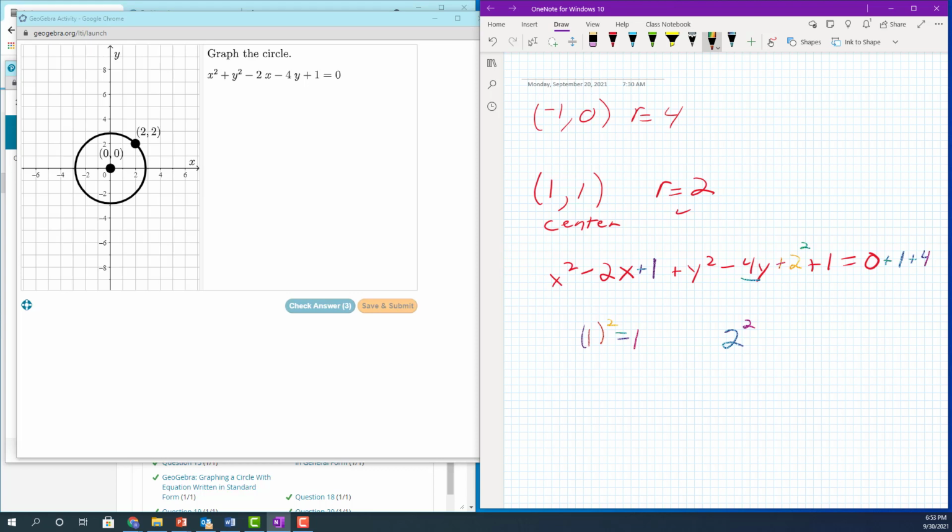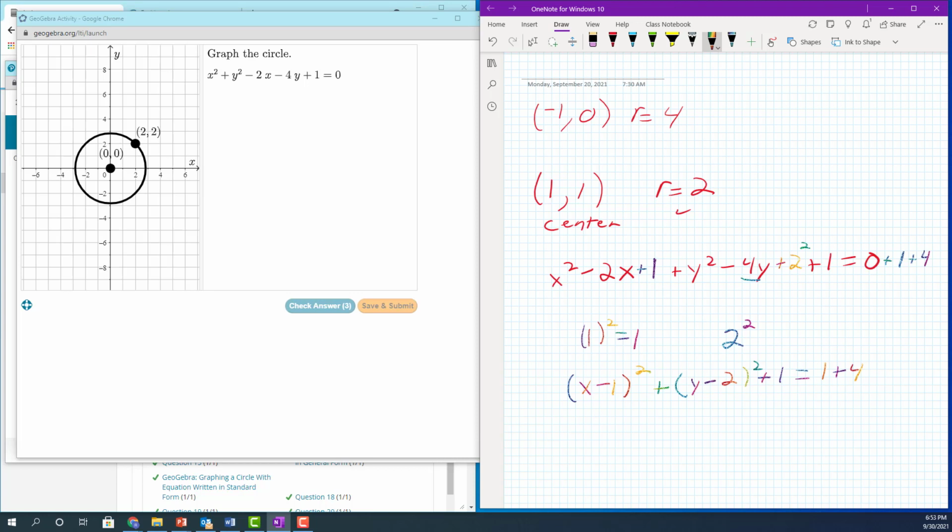All right, awesome. And then once you've done all that, here we have x squared minus 2x plus 1. That can be rewritten as x minus 1, the entire thing squared, plus y squared minus 4y plus 2. That can be rewritten as a perfect square, which is y minus 2, the entire thing squared, plus 1 is equal to 1 plus 4.